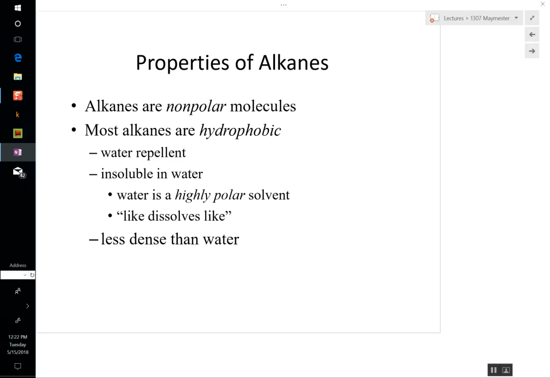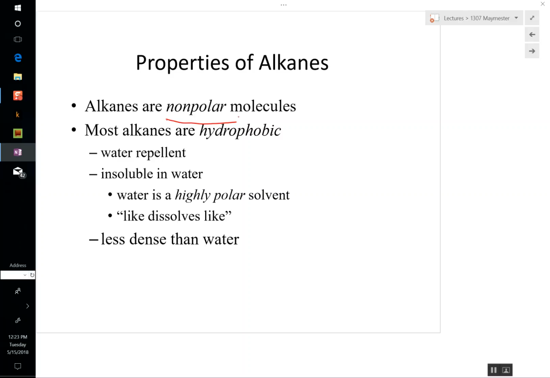So, properties of alkanes. Alkanes are nonpolar molecules. The carbon-carbon bonds for sure are identical. They're nonpolar. They equally share electrons.